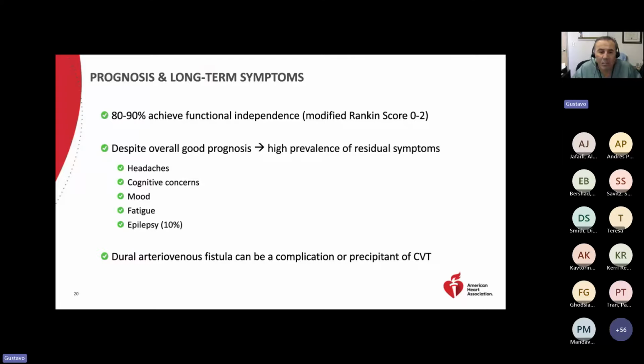Those are some of the examples of chronic complications, such as epilepsy. Dural arteriovenous fistula could be a cause or a complication of cerebral venous thrombosis, and it has been recognized in those regards.